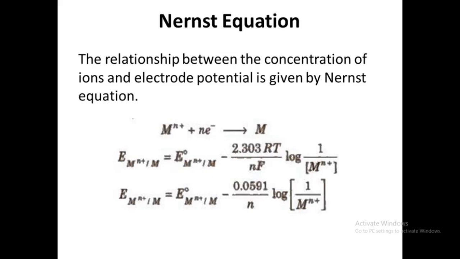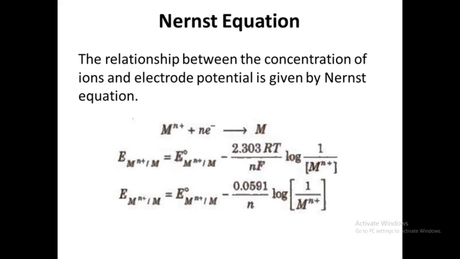In our last class, we saw that when the concentration of the electrolyte is 1 molar or 1 mole per liter, then in the copper half cell the electrode potential is 0.34 volt, and in the zinc half cell the electrode potential is minus 0.76 volt. But when we change the concentration, the electrode potential value will also change.